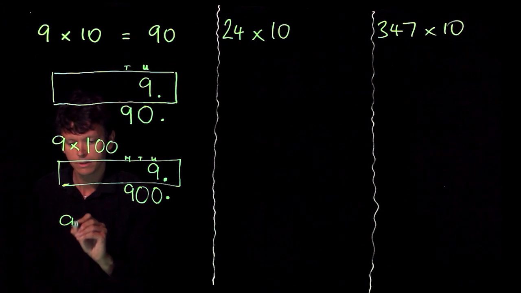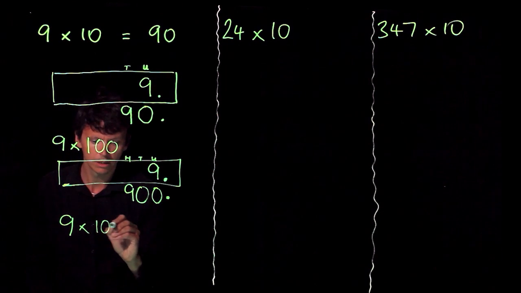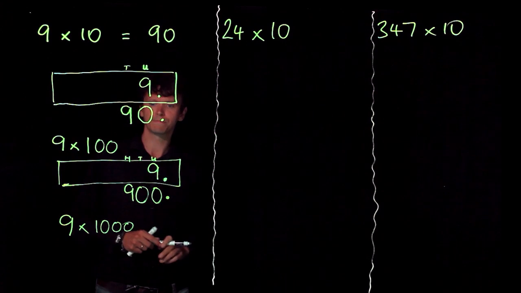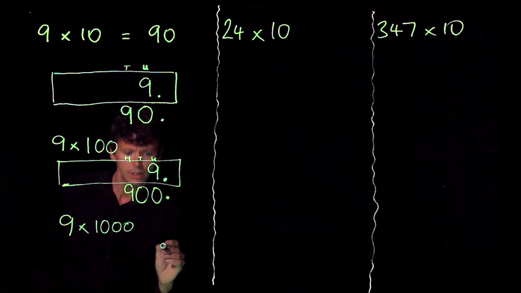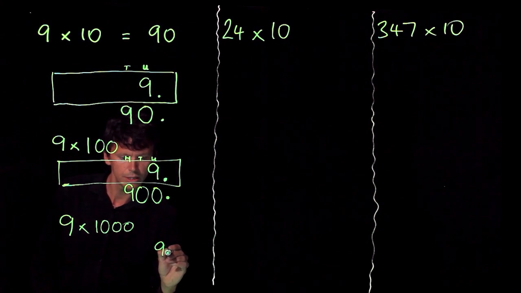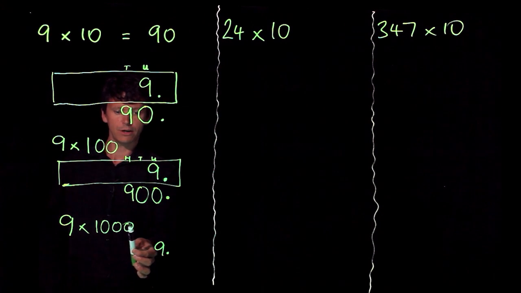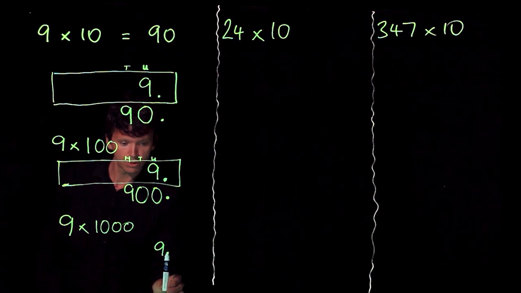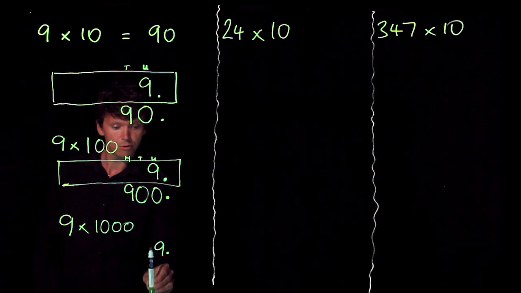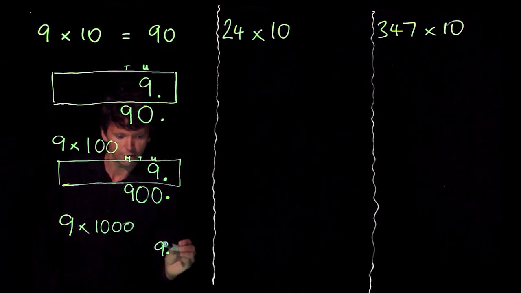Similarly, 9 multiplied by 1,000, just the same. There's our 9, there's our decimal point. And this time, because we've got 1,000, we're going to move our 9 3 places to the left.